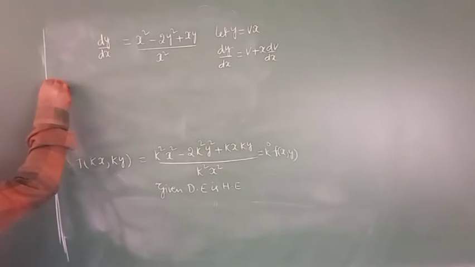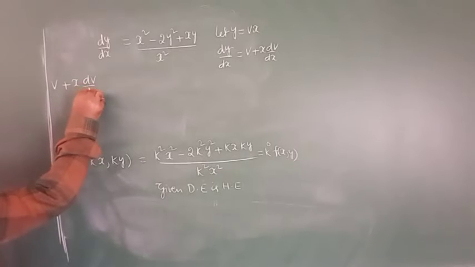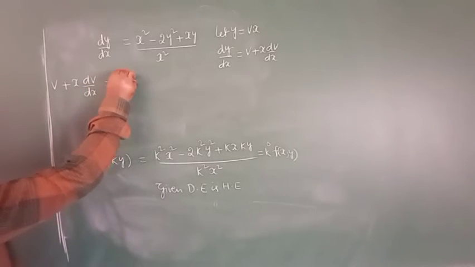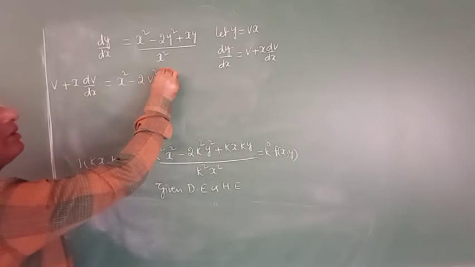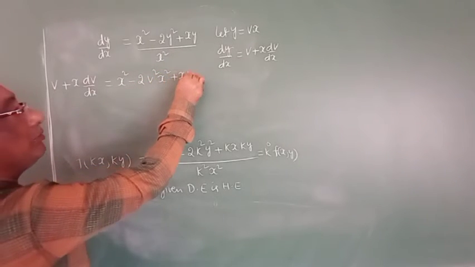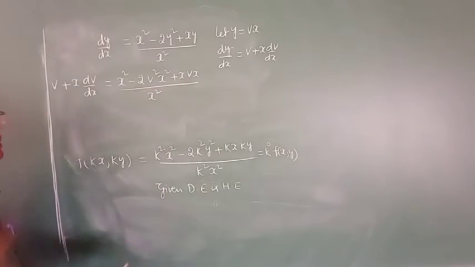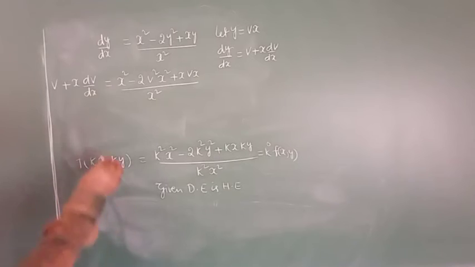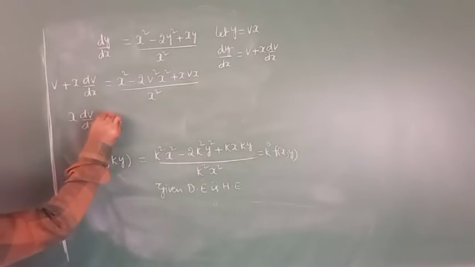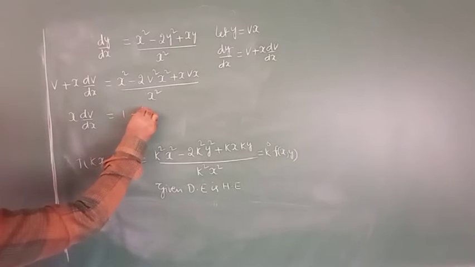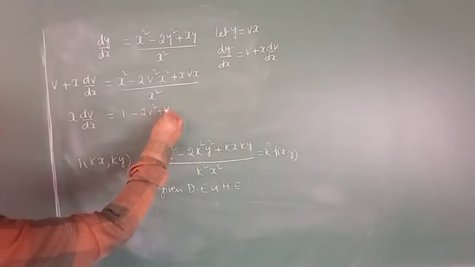dy by dx place is v plus x into dv by dx is equal to x square minus 2v square x square plus x into vx, by the denominator x square. x square is common and cancels. Taking x square common, 1 minus 2v square plus v; x square is cancelled.